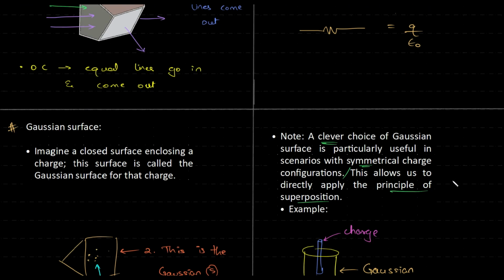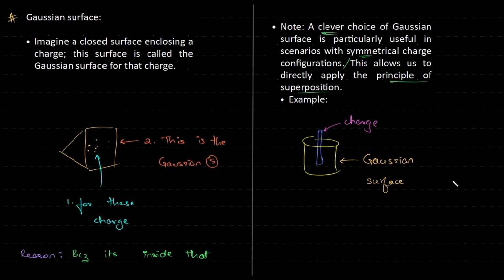To help us with all of this, we have to make use of a surface, obviously, and this surface is given a special name: Gaussian surface. For this set of charges, this particular structure, whatever this is, I mean, this is supposed to be a prism, that's your Gaussian surface.